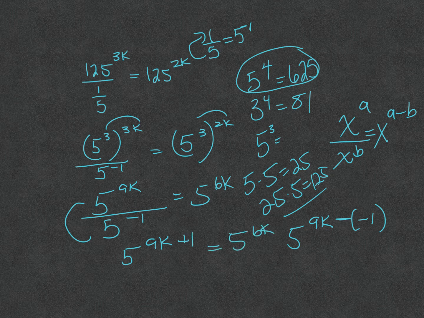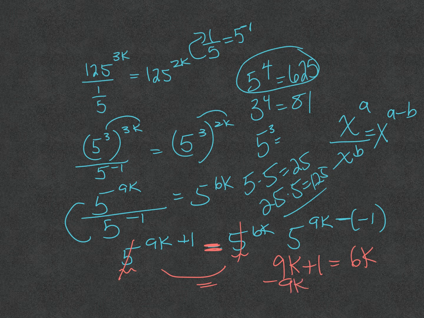5 to the power of 6k. Look at this wonderful thing that's happening here. I have a 5 here and a 5. If there's an equal sign here, it means those two expressions have to be equal. My 5s are already equal. The only thing I'm missing to be equal now are my exponents. So let's solve our exponents so they are equal. Let's combine our like terms.